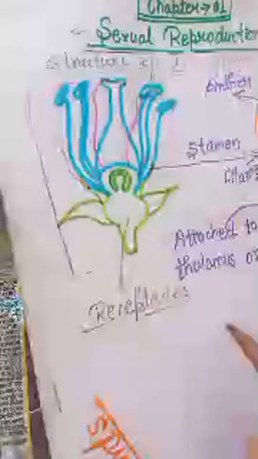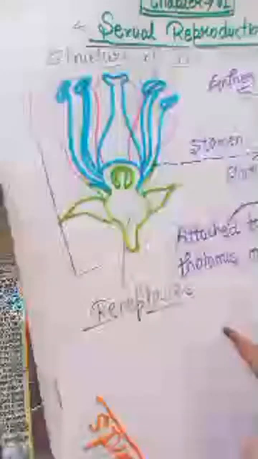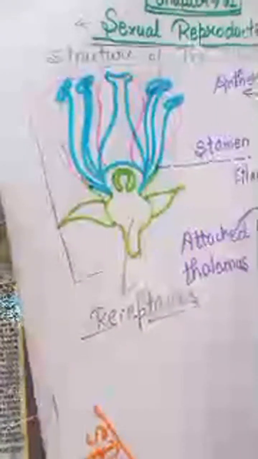Here is the structure of the flower, and this region is known as the receptacle. The floral axis bearing the floral organs is called a receptacle, and on it the various floral whorls are borne in distinct order.